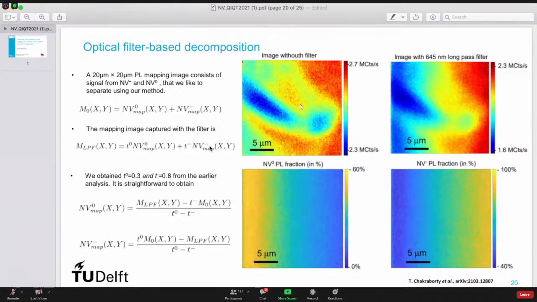Now by simply solving these two equations, we can get the solution where the NV0 map and NV minus map are expressed in terms of all the known parameters. So when we do this operation for each pixel, we can basically construct the image for NV0 and NV minus, which is shown here.